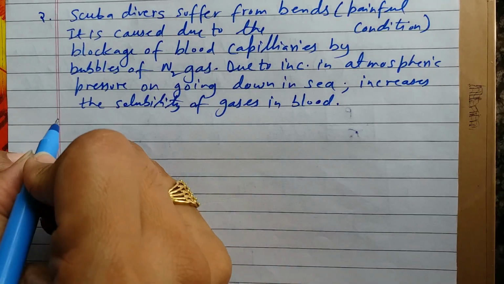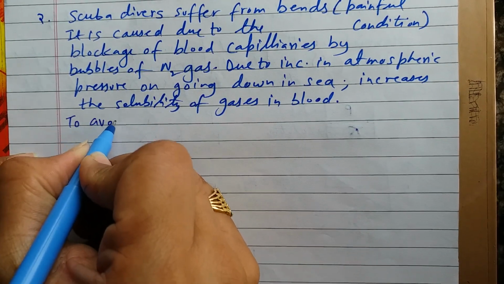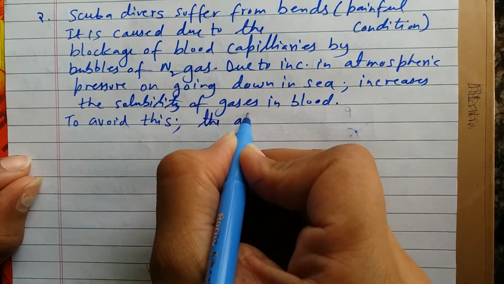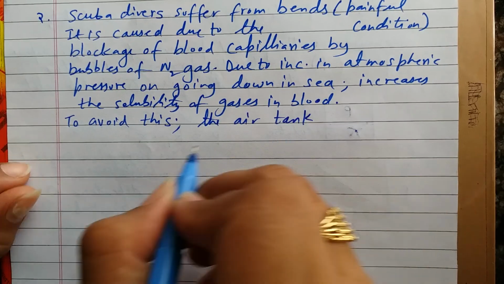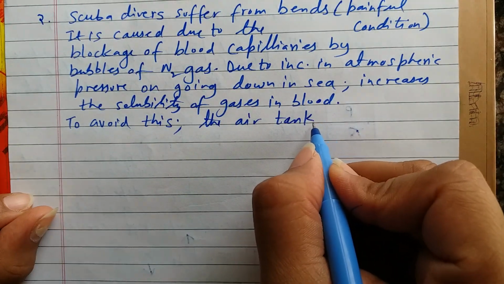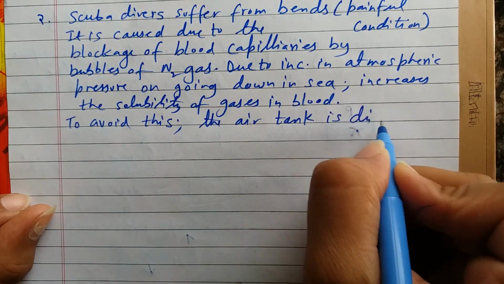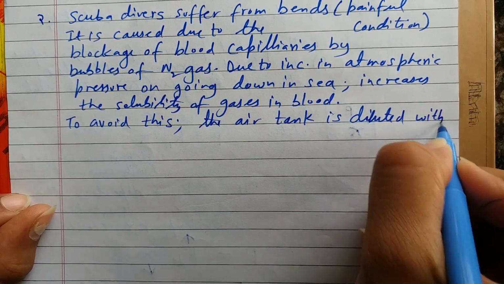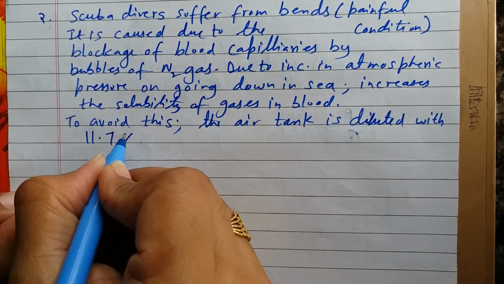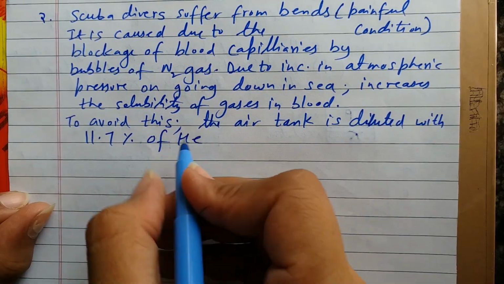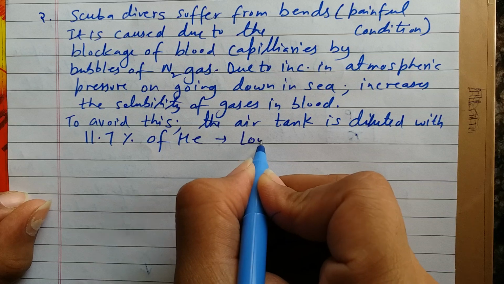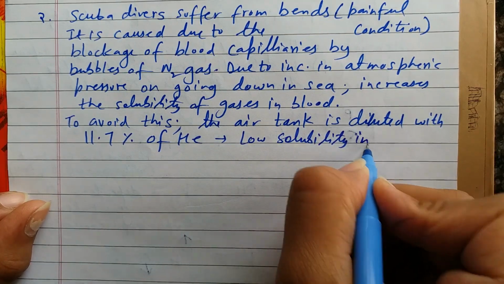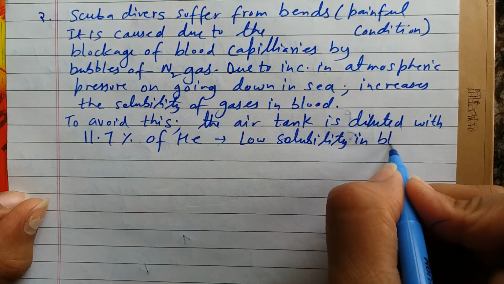Now the important point here is to avoid this. To avoid this, the air tank which is carried by the scuba divers is diluted with 11.7% of helium, and this is because helium has a very low solubility in blood.